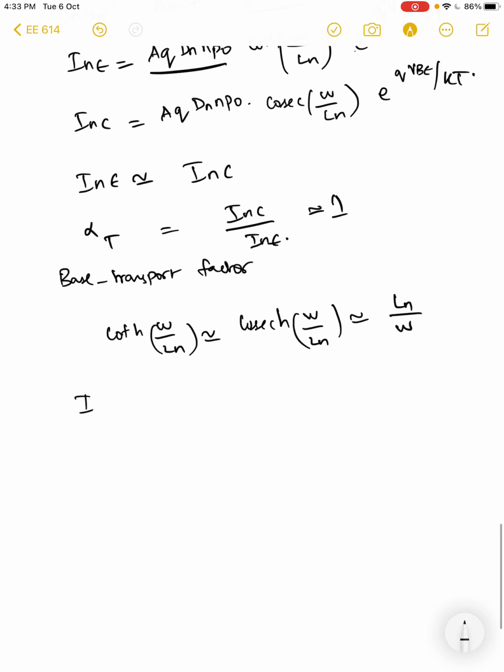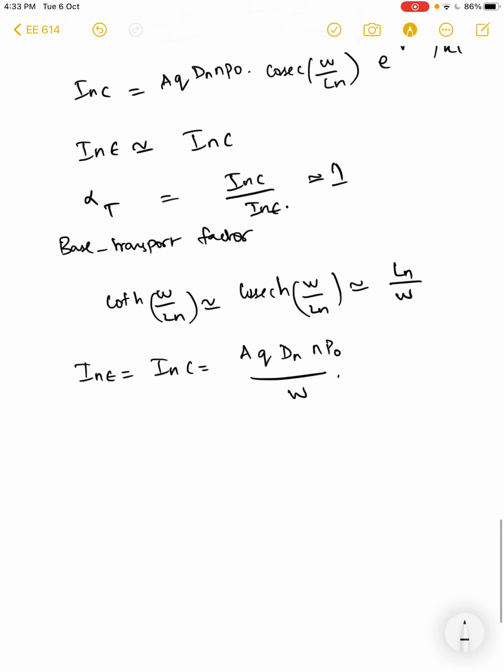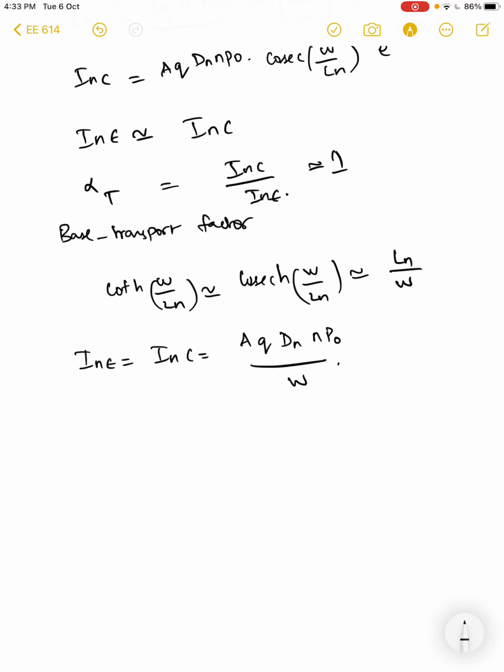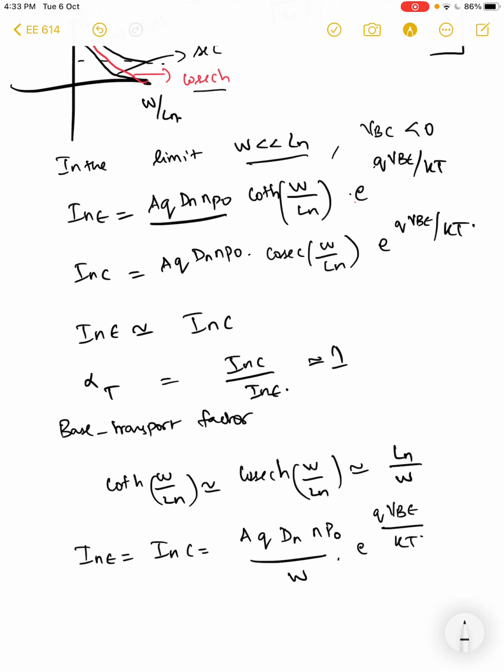This gives you INE equal to INC is AQ DN NP naught Ln by W e power QVBE by KT, right? I think I missed an Ln here, right?